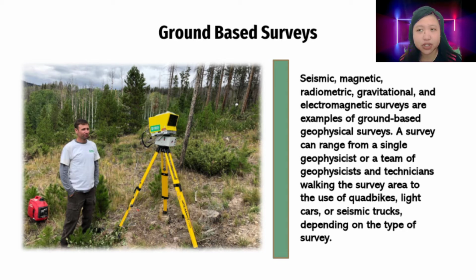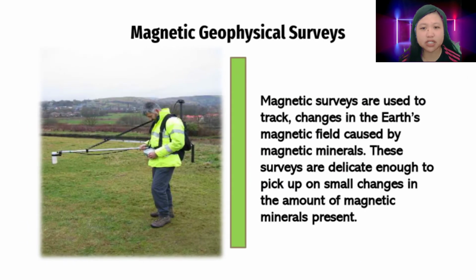Ground-based is usually done on the ground, using quad bikes, light cars, or seismic trucks. It can range from a single physicist or a team of physicists and technicians walking in the survey area. The next is the magnetic geophysical survey.